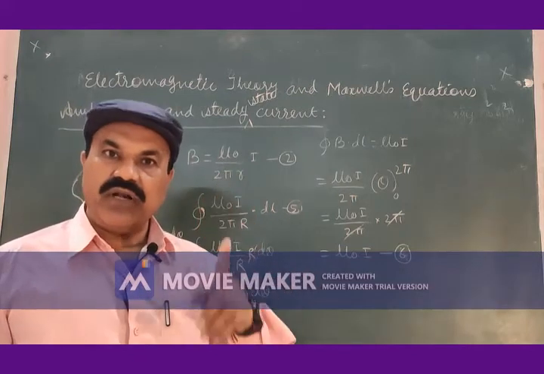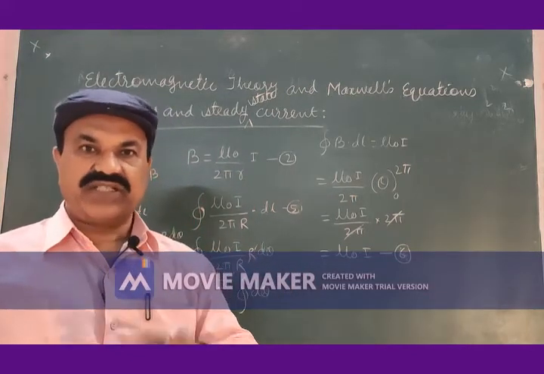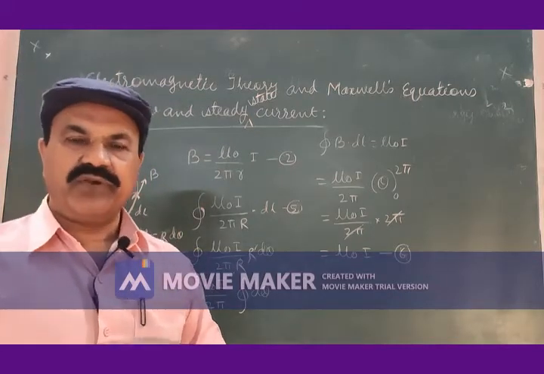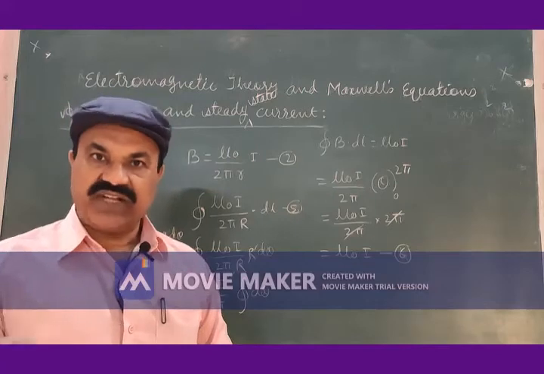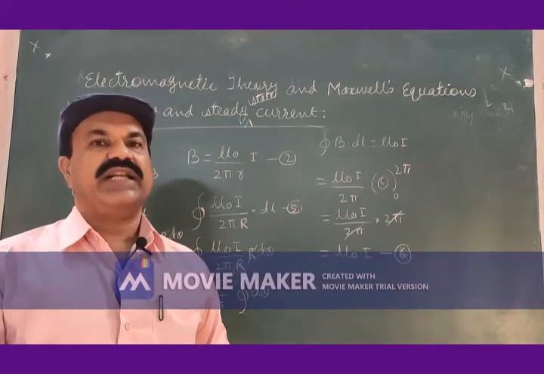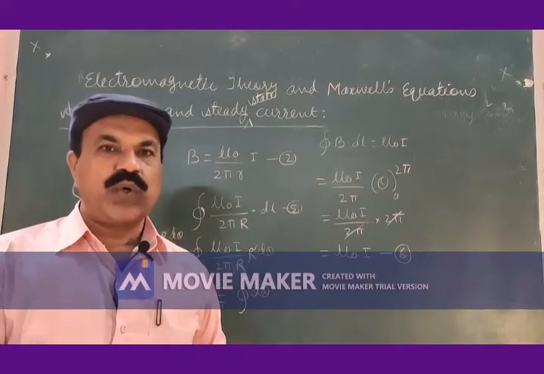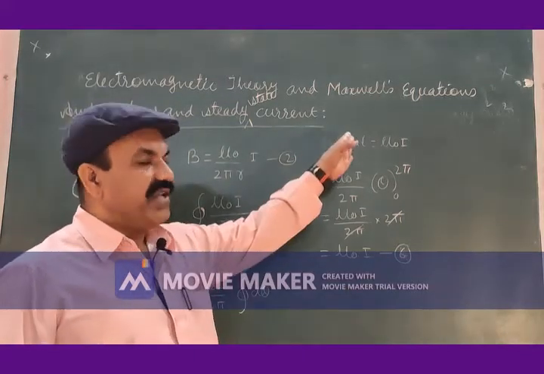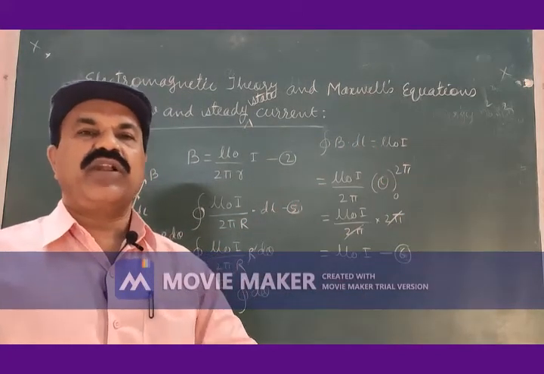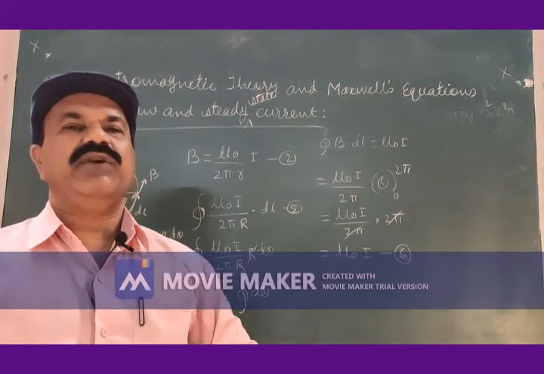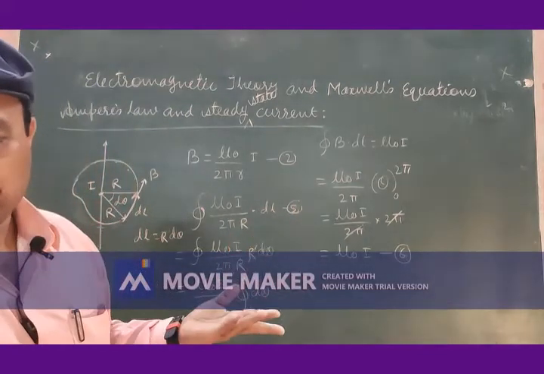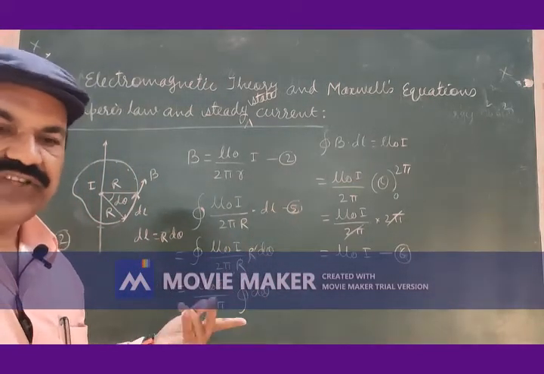Path may be regular, path may be irregular, but this closed path must enclose the current. Ampere's law is valid for irregular as well as regular paths, so it is valid for the situations shown in figure 1 as well as in figure 2.